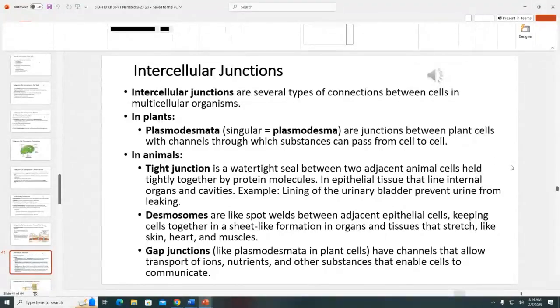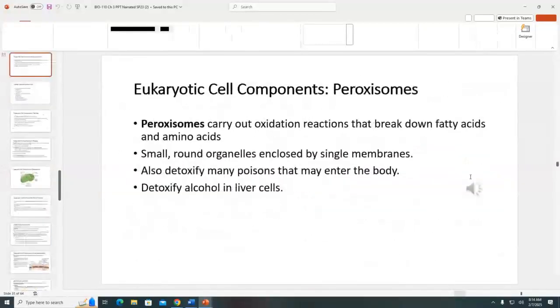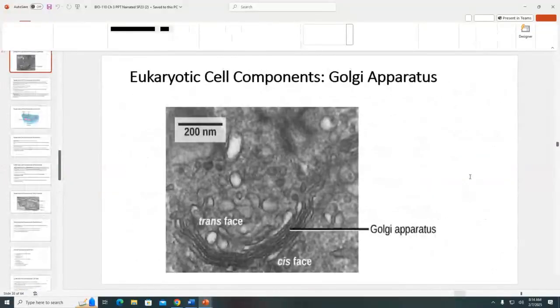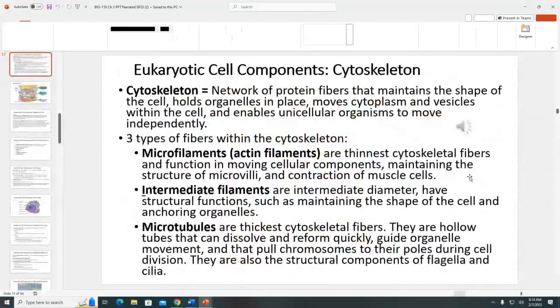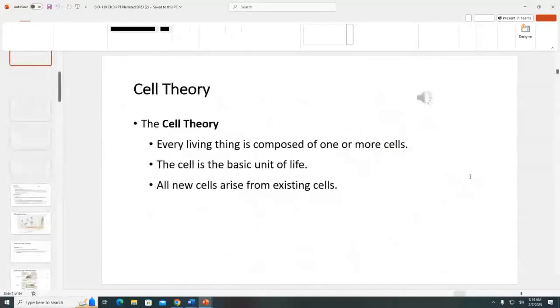We were at like cell theory. So we left off there at cell theory. Okay, thanks. Oh yeah, we just barely got started on this chapter, didn't we?